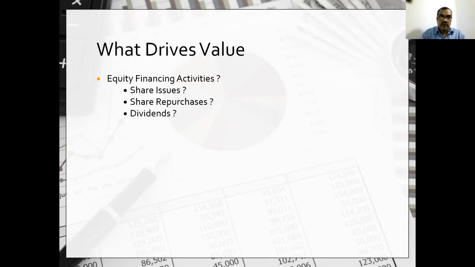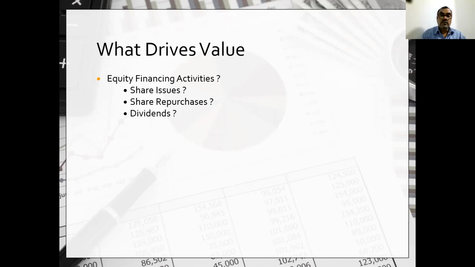When it comes to equity, it's a capital reduction. Whatever deals with equity holders does not create any value. But the caveat is there, you've got to be very careful.